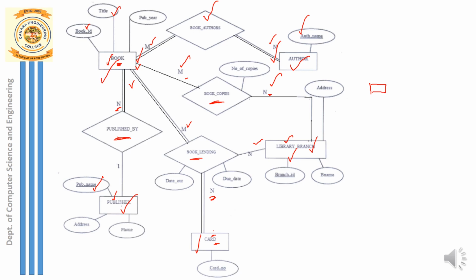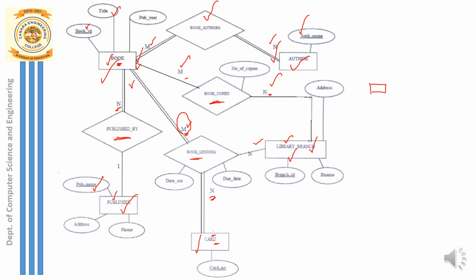And M, from the book side: the DBMS book can be issued on cards from different libraries. So M is to N ratio. This is how you write the cardinality ratio.